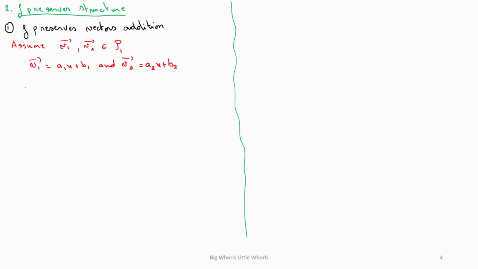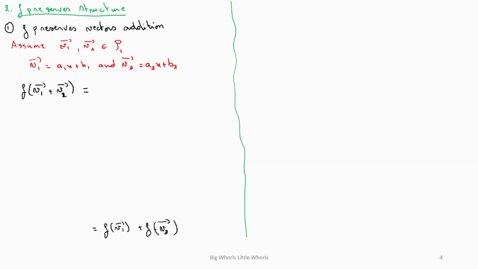Now we need to show that f of V1 plus V2 gives us f of V1 plus f of V2. We will do some manipulations and find at the end that it works out.